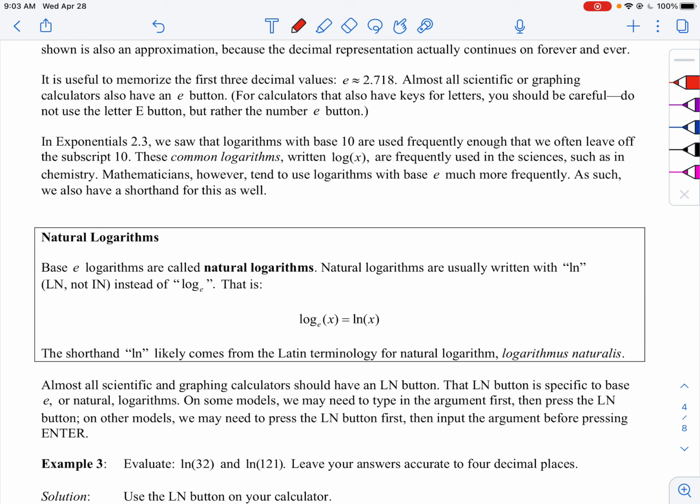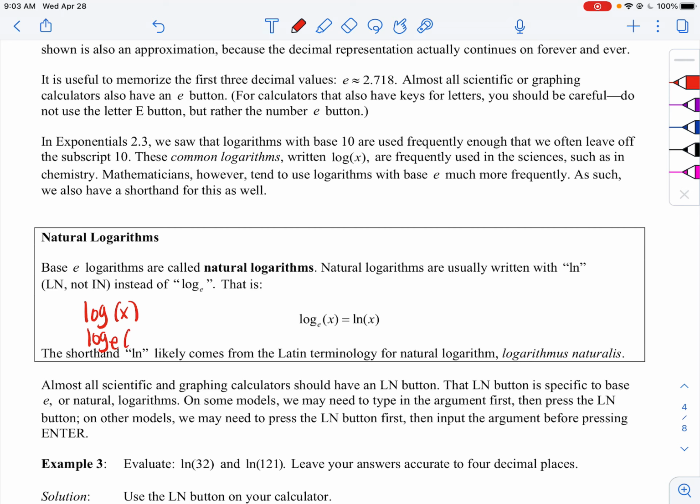Base e logs are called natural logarithms. Natural logs are usually written with ln, small letter L, right? ln, not in, instead of log base e. So that means when you have log with no base in there, that is called the common log.